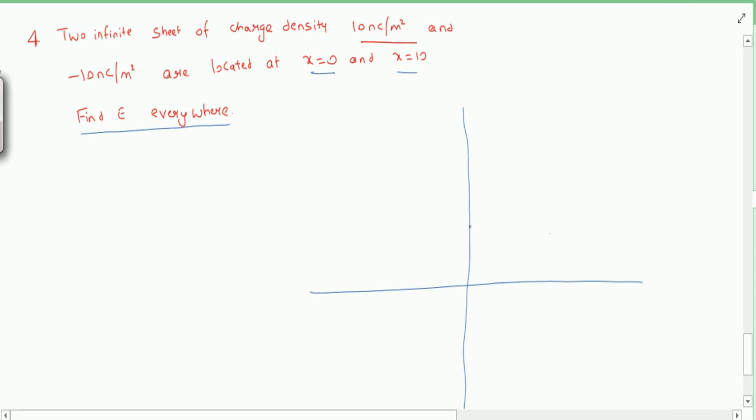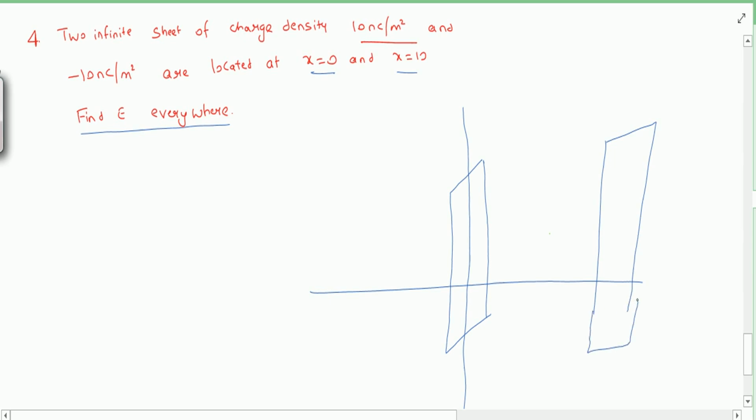If you imagine the 3D figure, and one more surface charge is present at x equals 10.